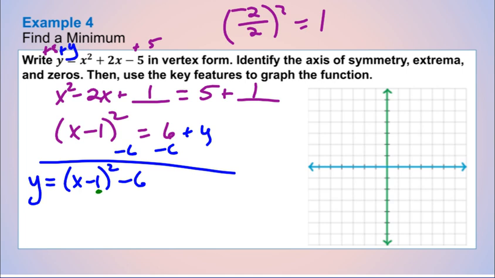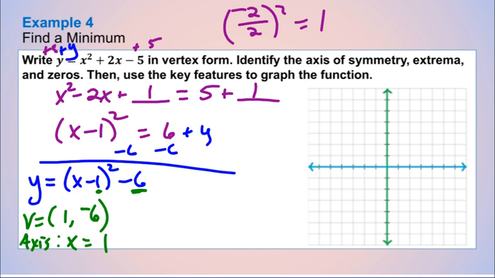Because this 1 and this minus 6 is my vertex. So my vertex is actually at 1 and negative 6, because this is my h and this is my k. And if I know my vertex, I know my axis is the x coordinate of my vertex. So x would have to equal 1.